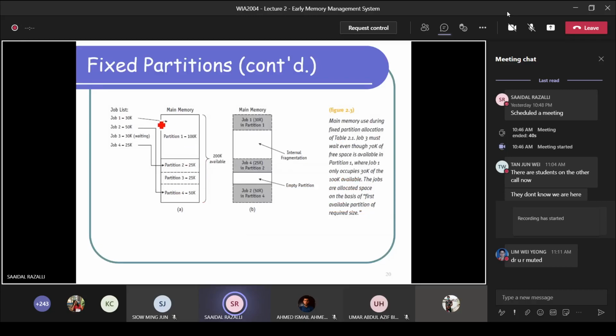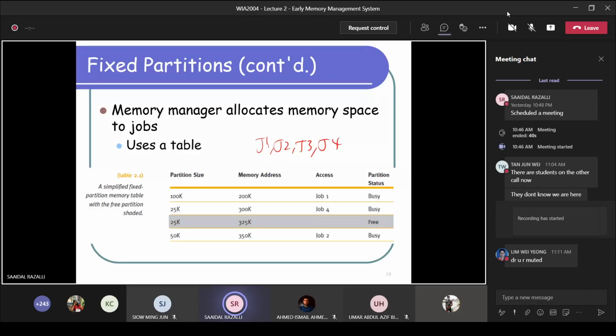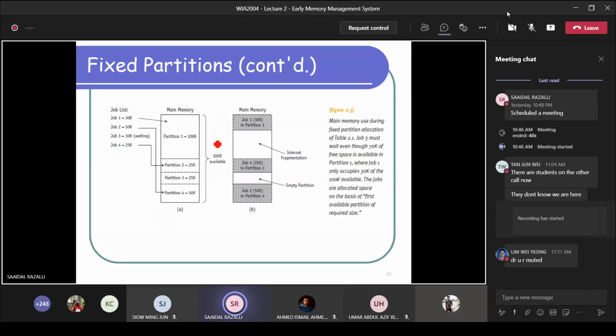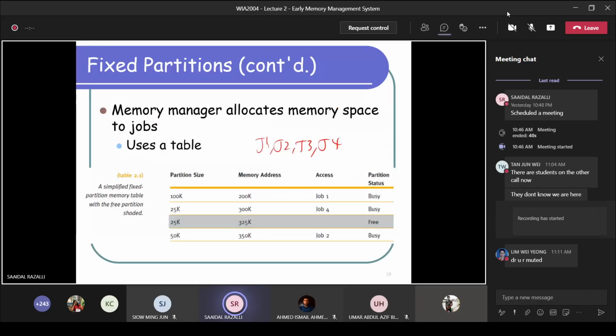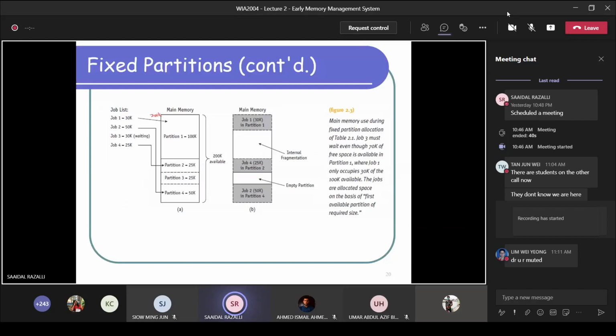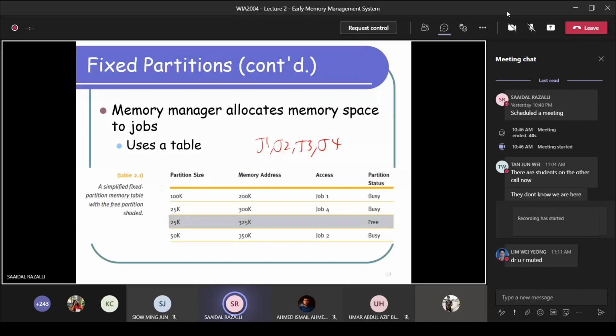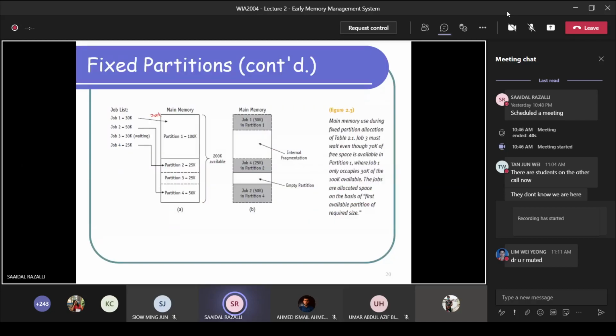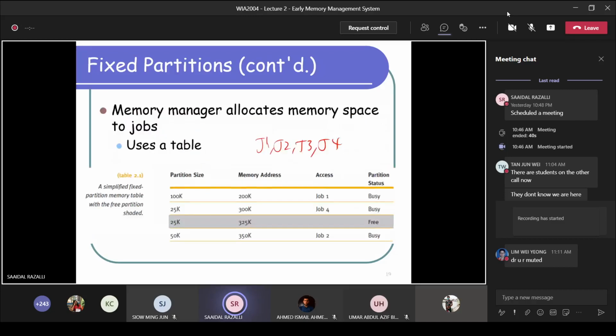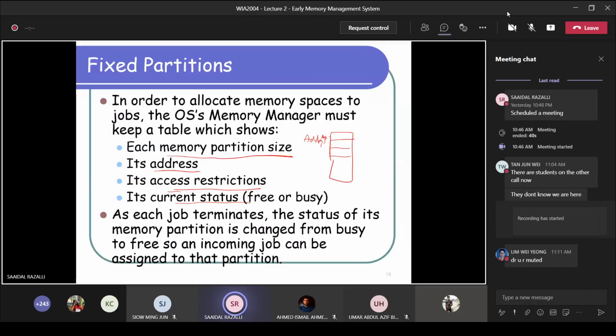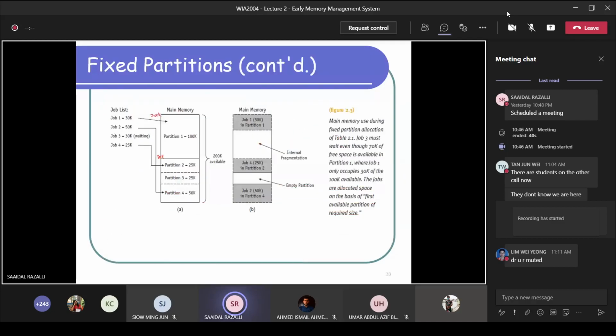So let's say job 1, what's the memory address? Let's say job 1's memory address is 200K. Job 2 is 300K partition. This does not depend on the job. 125K. This one is 325K.